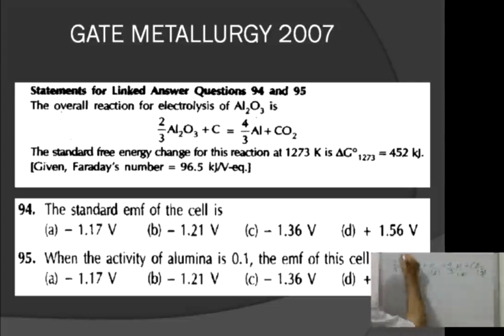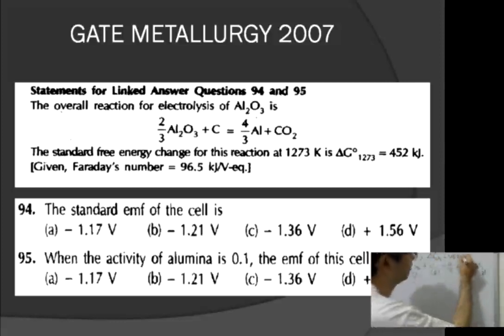The values are given. 1273 is the temperature, and del G at that temperature, 1273, is given as 452 kilojoules. Faraday's constant is given. So you need to find out the standard EMF of the cell.